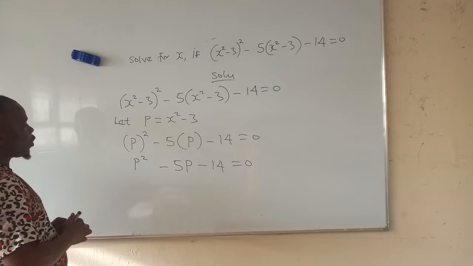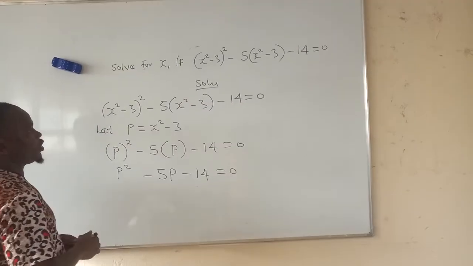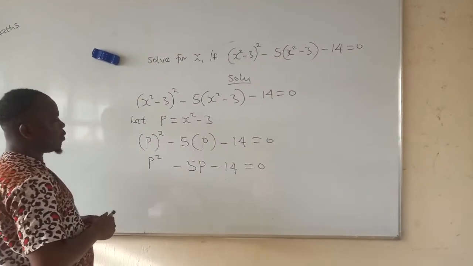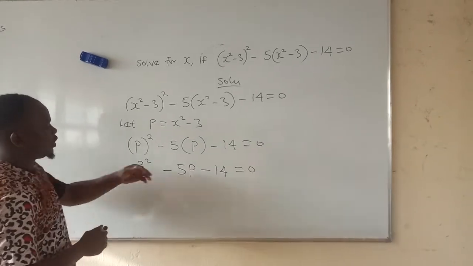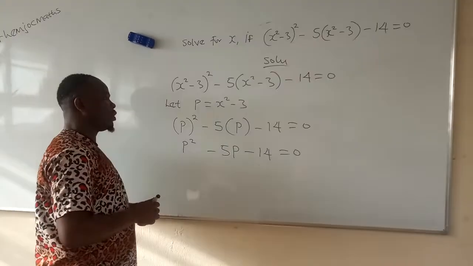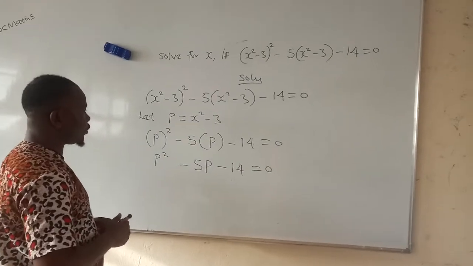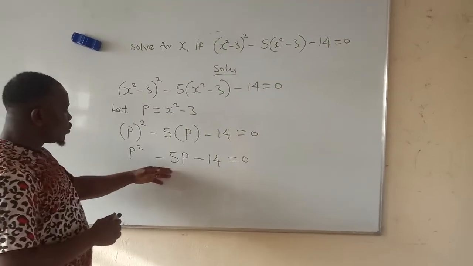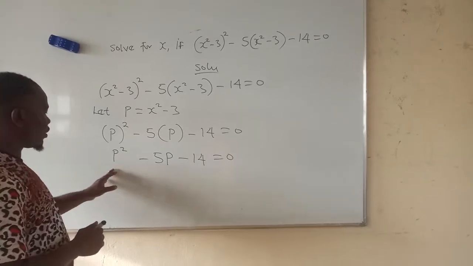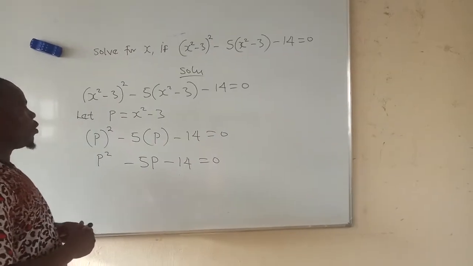So now we want to solve this quadratic equation. It is not specified whether to use the factorization method, completing the square method or formula method. Now we want to use the factorization method to solve this quadratic equation. Okay.